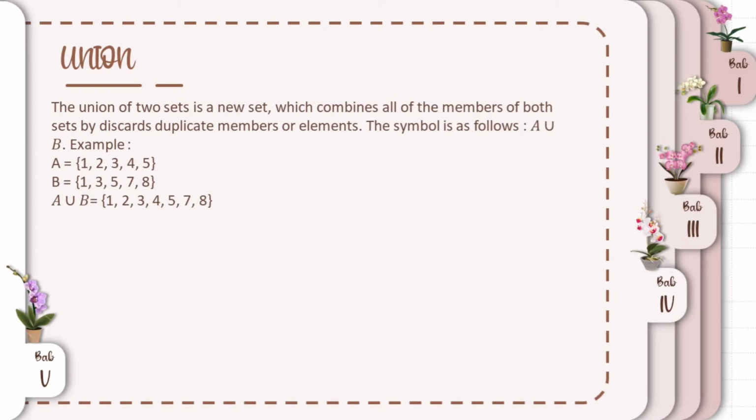The symbol is as follows. For example, set A has elements 1, 2, 3, 4, and 5, and set B has elements 1, 3, 5, 7, and 8. So, the union of sets A and B is 1, 2, 3, 4, 5, 7, and 8.